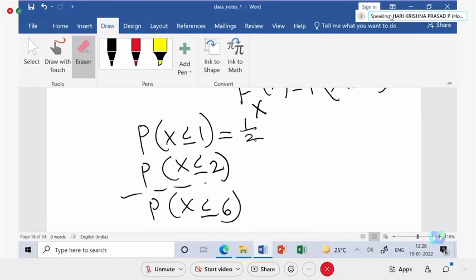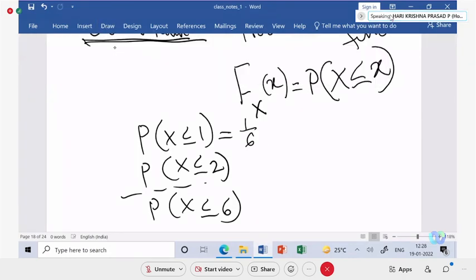There are 6 possible outcomes. When I consider the probability of x taking the value less than or equal to 2, it includes actually 2 events, probability of x equal to 1 and probability of x equal to 2. These are independent. So 1 by 6 plus 1 by 6. That is how 2 by 6 has come.